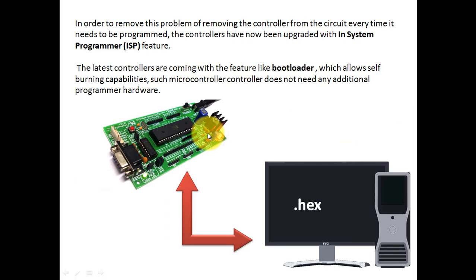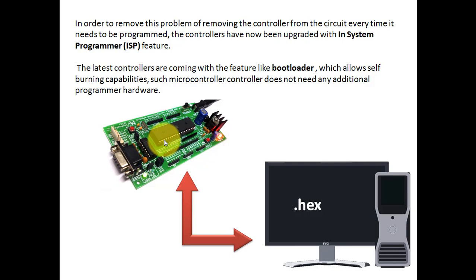In order to remove this problem of removing the microcontroller every time we want to program it, most modern microcontrollers are upgraded with in-system programming features. That means we can program the microcontroller without removing it from its application circuit.